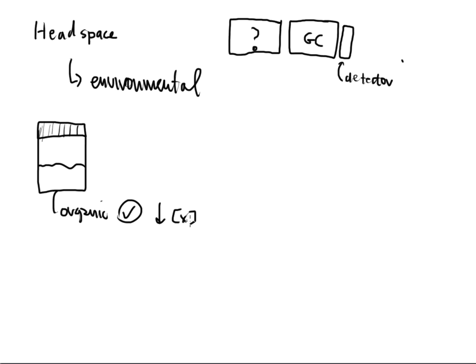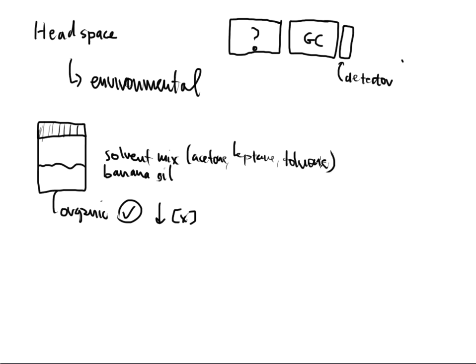Maybe one of the things that you've done so far is an analysis of banana oil. You've made your own banana oil. You went through the process of synthesizing it, making it, and running it on the GC system for purity. Or maybe one of the things that you've done up to this point is a solvent mixture lab, and the solvent mix was basically acetone and maybe some heptane and maybe some toluene, depending on what we gave you.